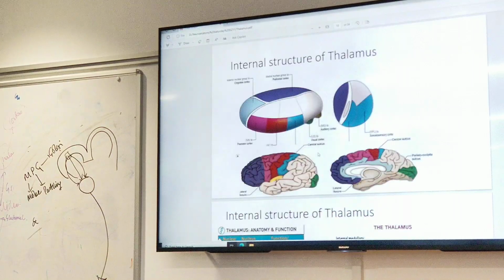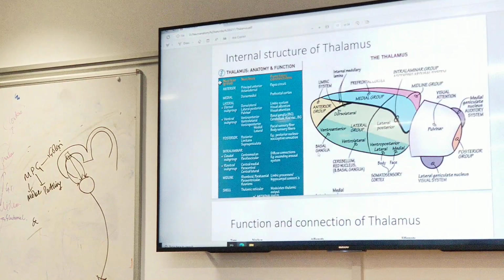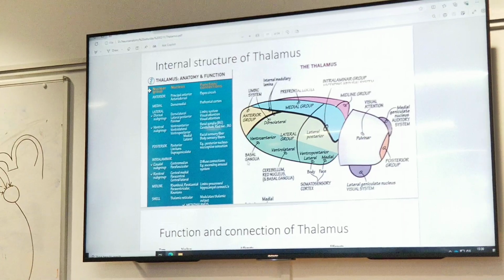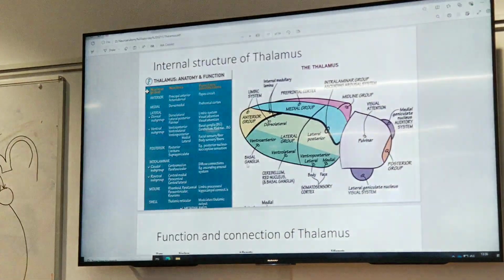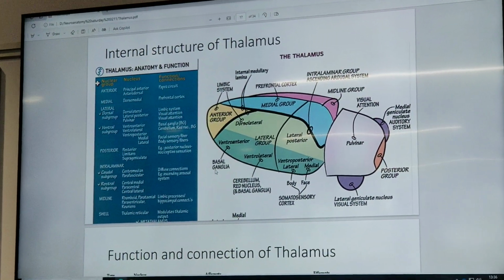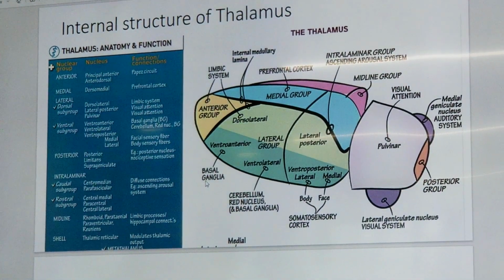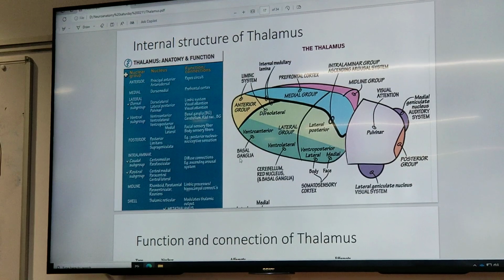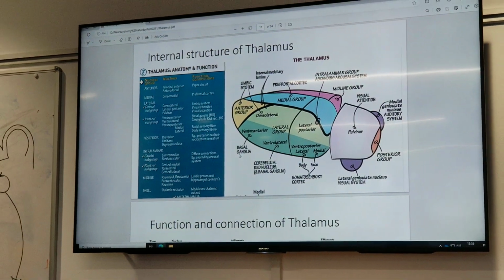Now, I think this is a very good image from this book. It's called Crash Course, Neuroanatomy, Adam Fish. So this picture is from this book.